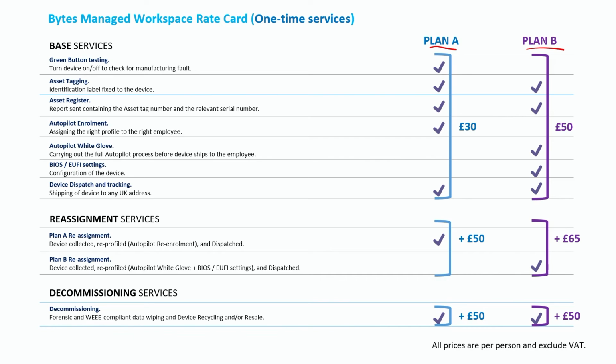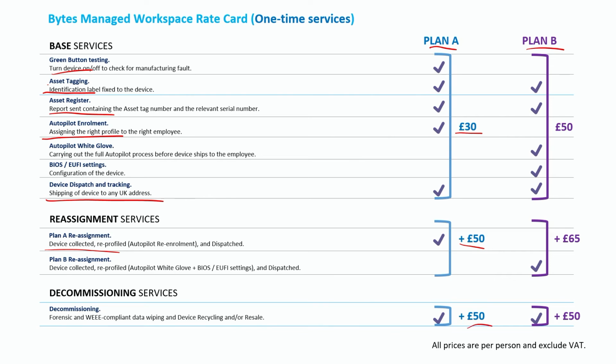So you can see these different check marks. All of these are offered for £30. These include the green button testing, asset tagging, asset register and autopilot enrollment. This is again within Plan A. There's also the device dispatch tracking. For £50, there is the Plan A reassignment, which your device can be recollected and reprofiled through that autopilot re-enrollment, and then again dispatched to the end user.